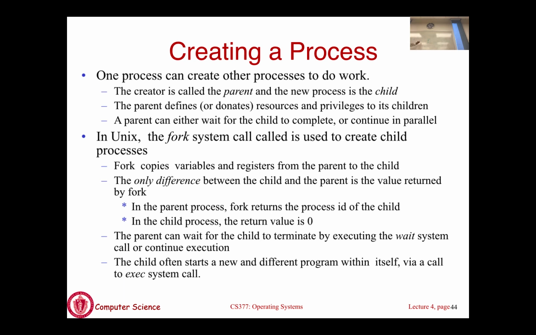And here you can say /application/Chrome or whatever else you want to run. You specify the name of a program, and what that exec call is going to do is take that specified application from your disk and load it into this memory region. Essentially, it will wipe out whatever is loaded there, which is a copy of the parent process. It's going to load that program in there and then start executing that program.